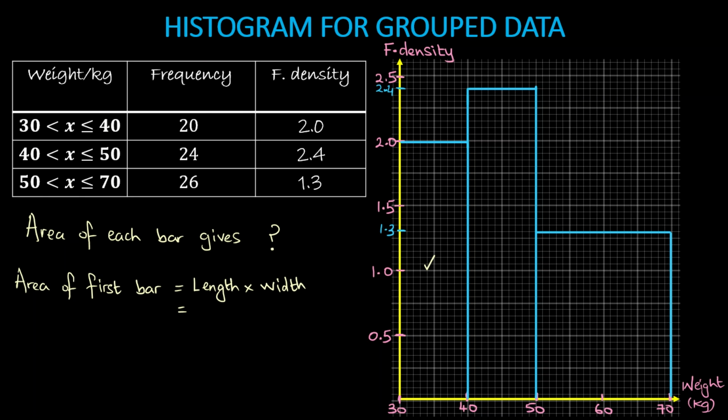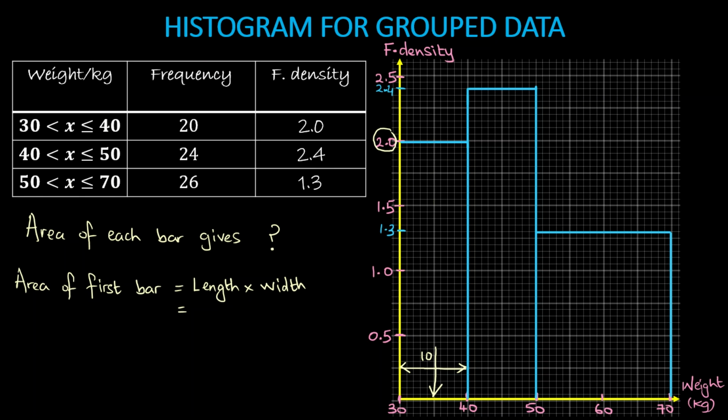which gives, what is the length of the first bar? It is from 30 to 40. The length is 10. And what is the width? The width here is simply the height of the bar, and the height is simply 2.0, right?